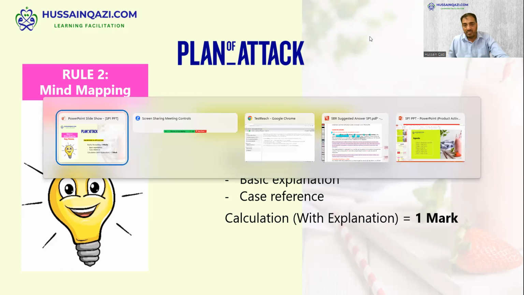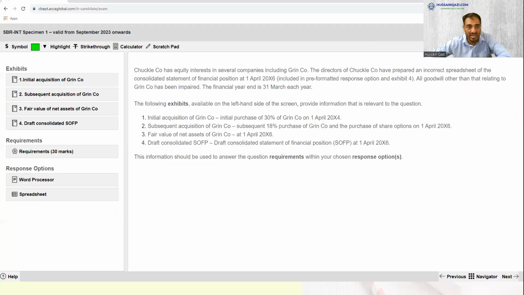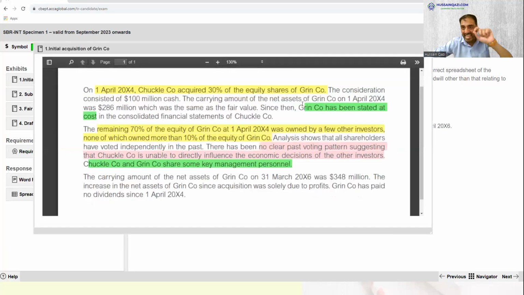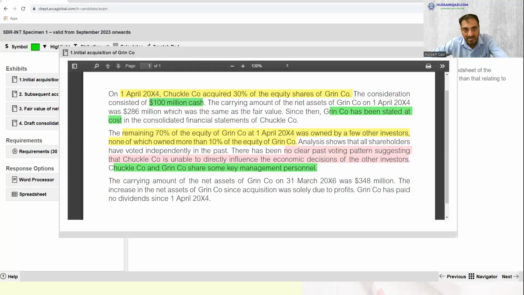Number 1, refer to exhibit 1. Very categorically, it's mentioned that Chuckle invested in 30% on 1st April X4 for 100 million cash. In the first paragraph, last line, highlighted in green, Grin Company has been stated at cost in the consolidated balance sheet.